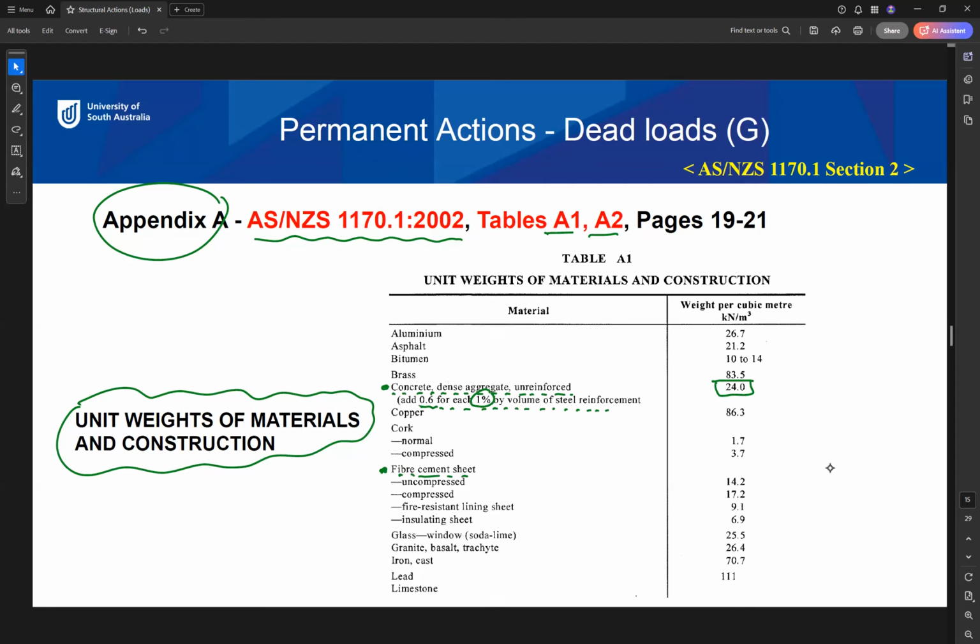You have some values depending on the type, compressed or uncompressed, or fire resistance or insulating sheeting. So we have these four values based on the material type you used. So this table gives us the unit weight of the material. As you can see, the unit for the material unit weight is kilonewton per cubic meter. So the unit weight in table A is kilonewton per cubic meter.